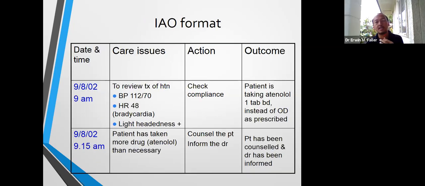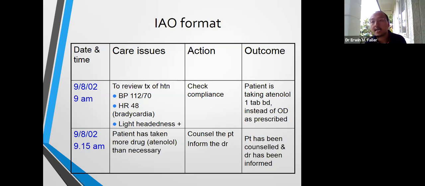Now, moving on, this is an example of an IAO format. And an IAO format is quite easy in comparison with other documentation. It mentions here the particular date wherein you found out that kind of a problem or issue of a particular patient.